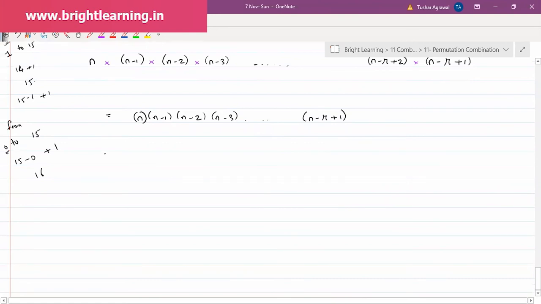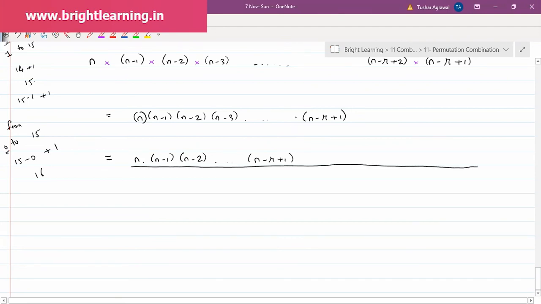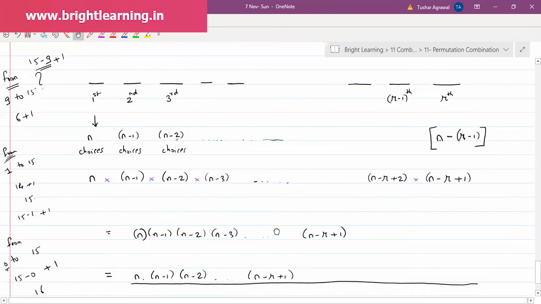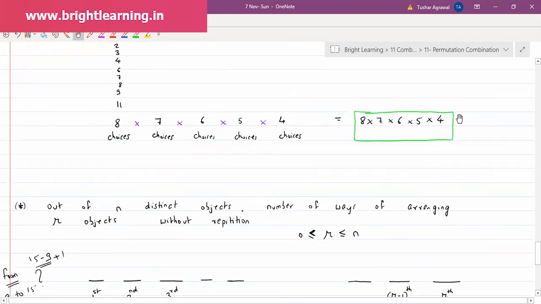Now we will make it a little bit good looking. This is a very ugly formula. It is scaring me, so I don't want to be scared by it. So n minus r plus 1. Now what I will do is, like this, 8 into 7 into 6 into 5 into 4, ahead, if I multiply by 3 into 2 into 1 and divide by 3 into 2 into 1, will that make a difference?